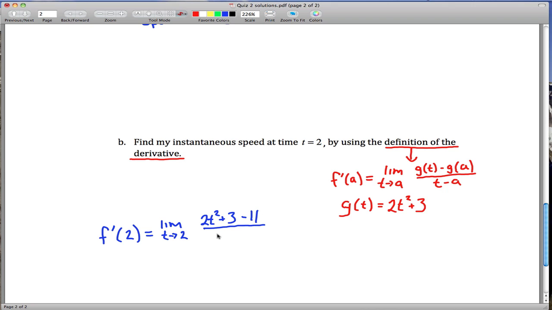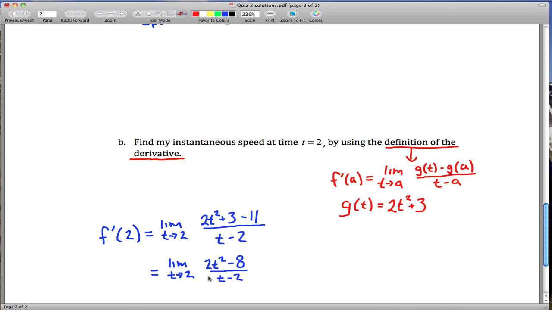Divided by t minus 2. If you simplify the top a little bit, you get 2t squared plus 3 and minus 11 turns into minus 8 over t minus 2.